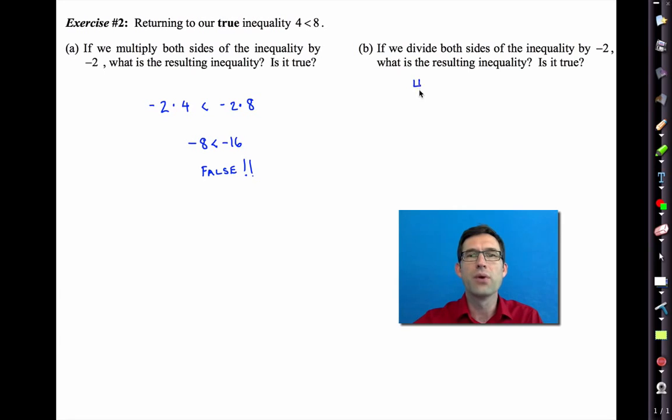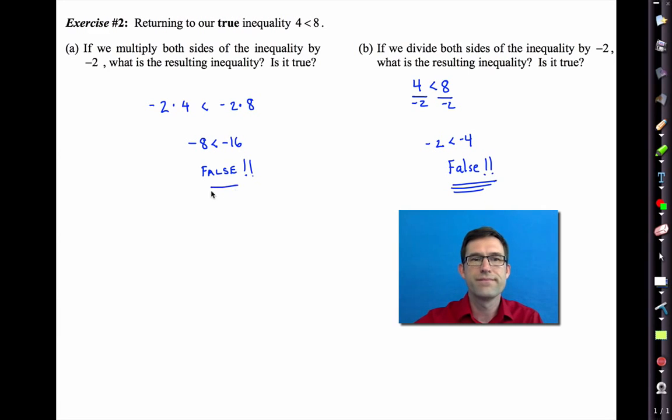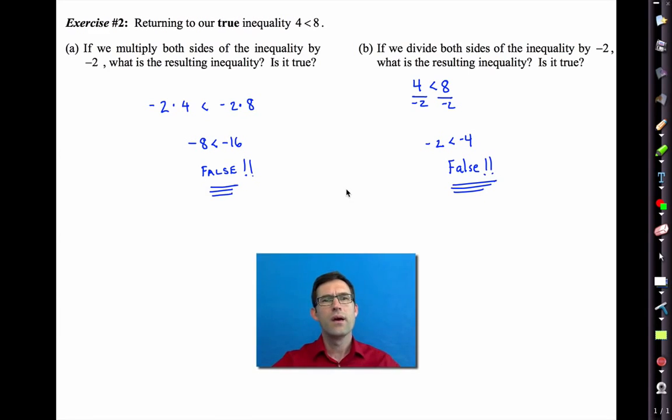What if we divide both sides by -2? Then we get -2 is less than -4. That's also false. Wow, that stinks. You know, when we added or subtracted from both sides, we were fine.